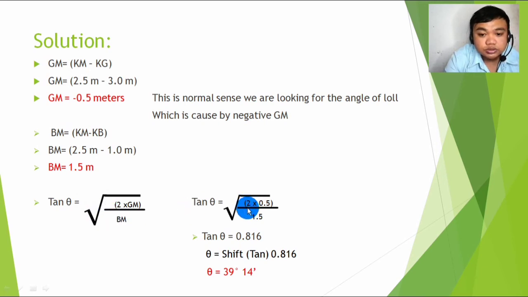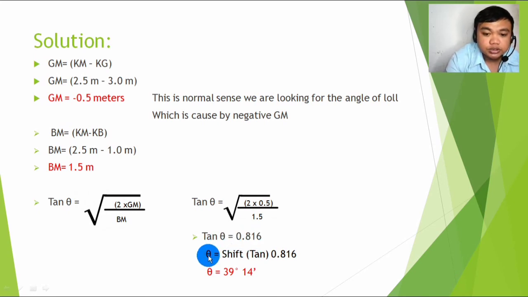So just use the given answers for GM and BM, 2 times GM which is 0.5 divided by 1.5. Okay, so just ignore the negative sign here. Do not use that one. So just input 0.5 divided by 1.5, so that is equivalent to 0.816.